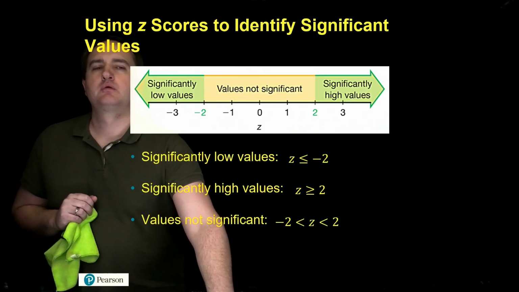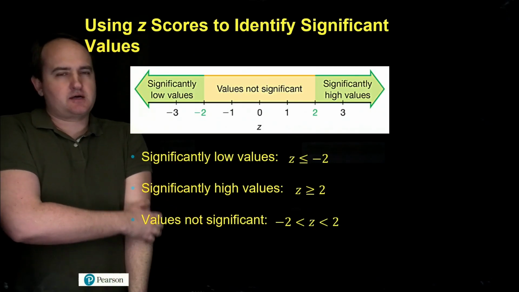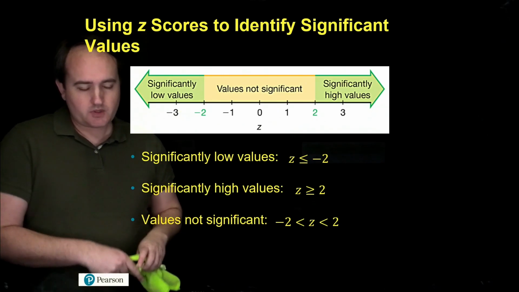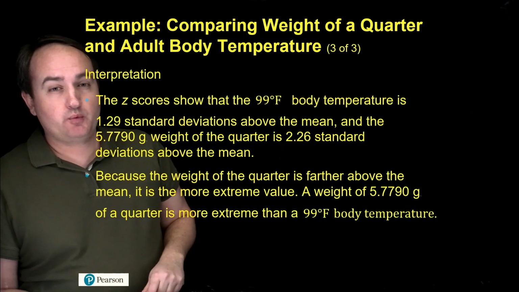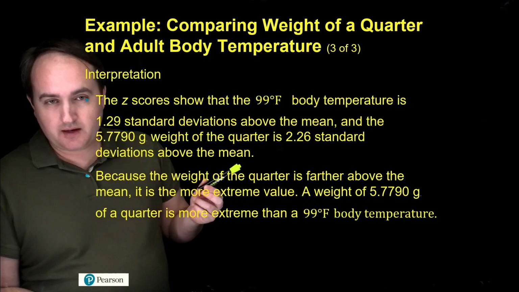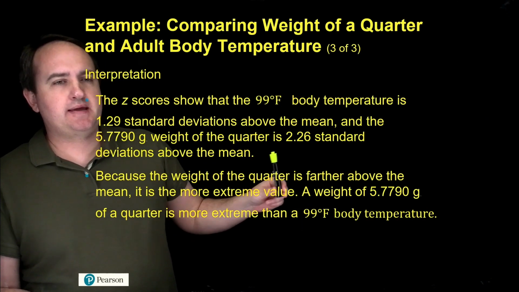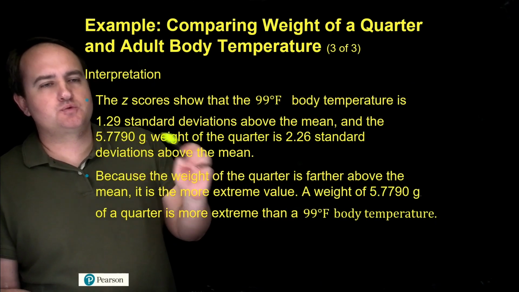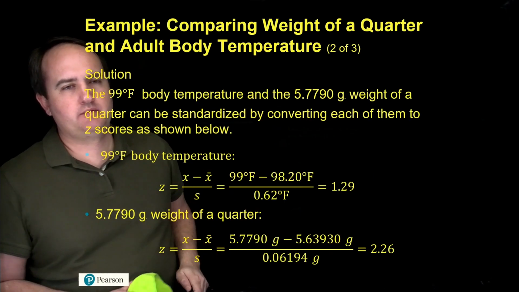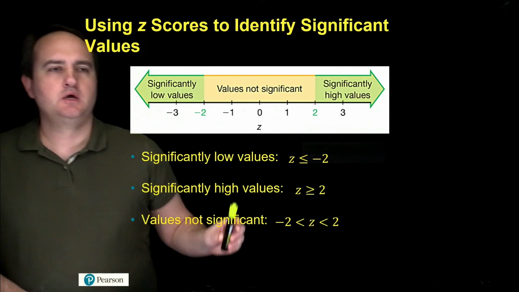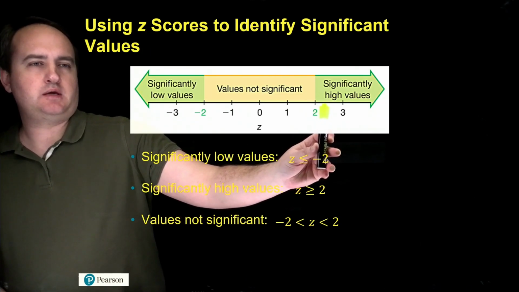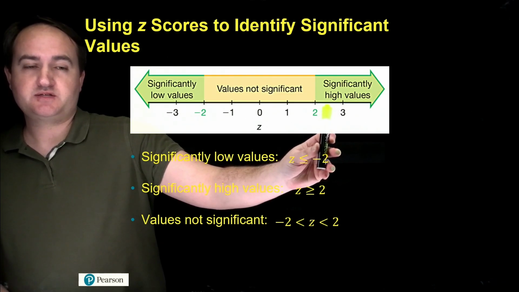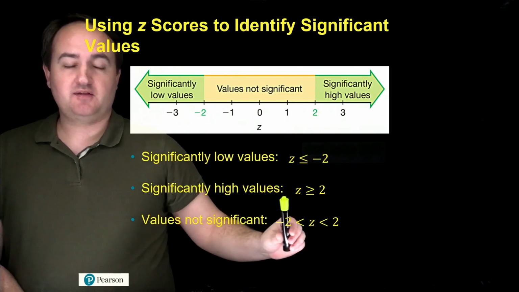Okay, cool. So we've already talked about the range rule of thumb. We can see that these z-scores that we just looked at, we can see where they are on the graph. So we had the weight of a quarter was 2.26, and then the body temperature was 1.29. So 2.26 would be right about here. So a z-score of 2.26 is actually considered significantly high.